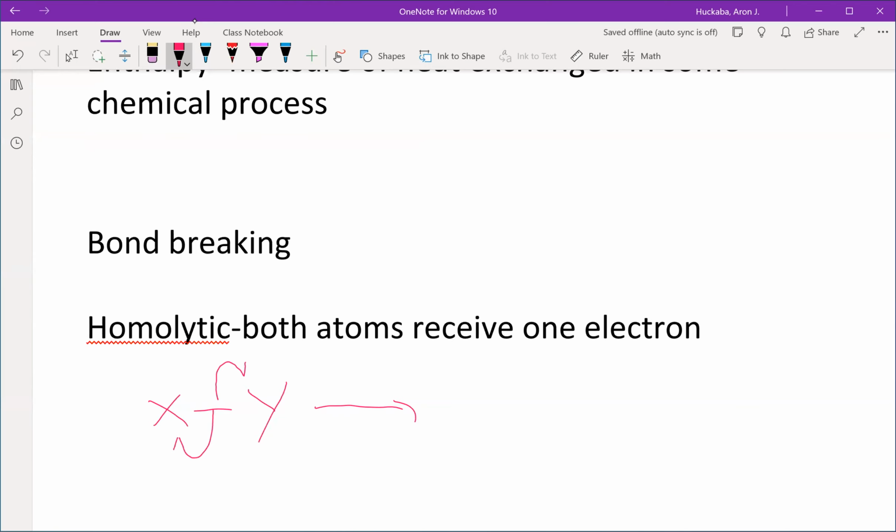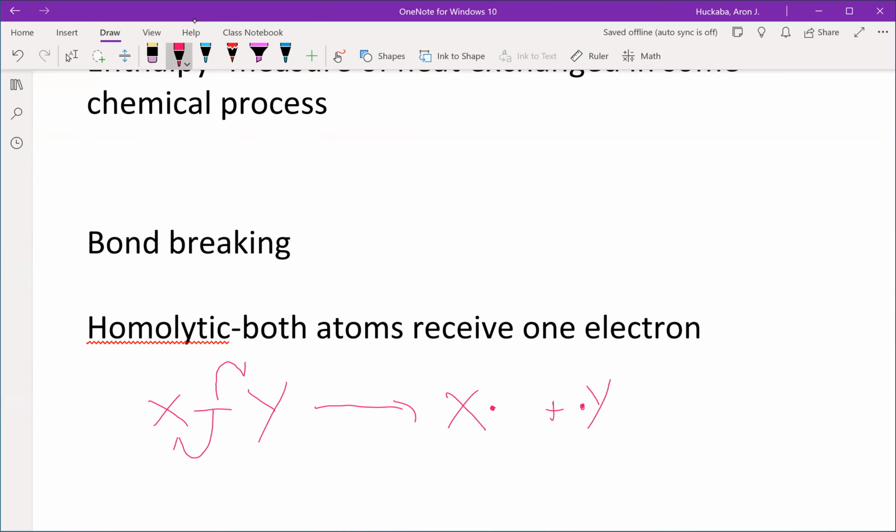This tells you that one electron, which is represented by the half of an arrow, goes to one atom, like this, and the other electron goes to the other atom. Let's try on the other side. Here we are.